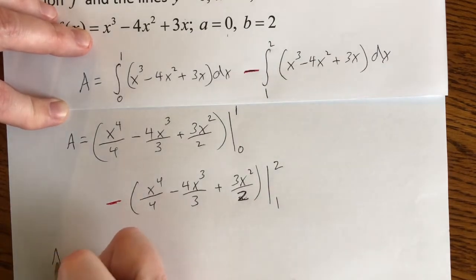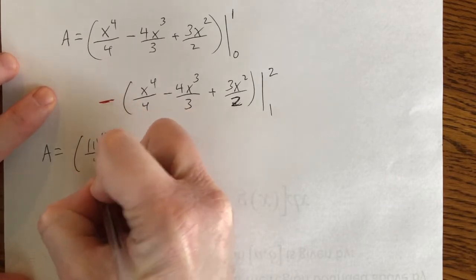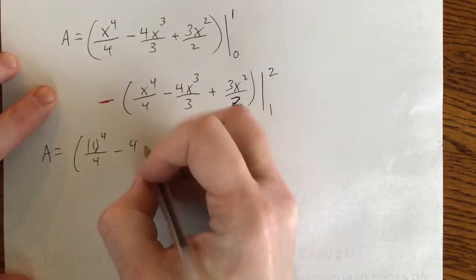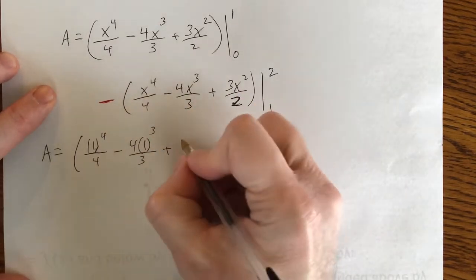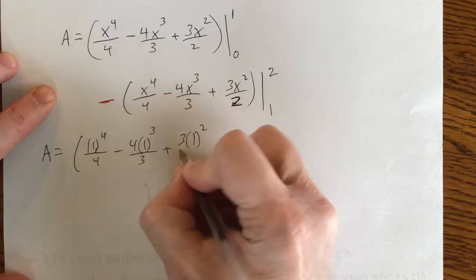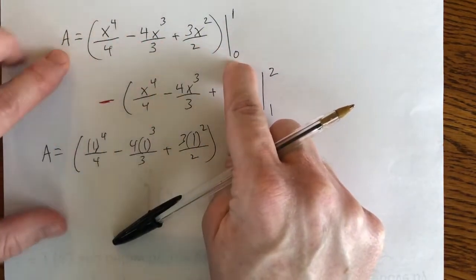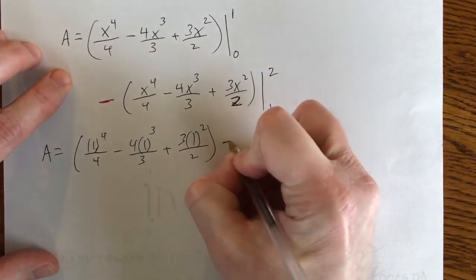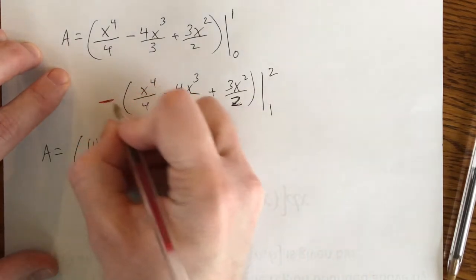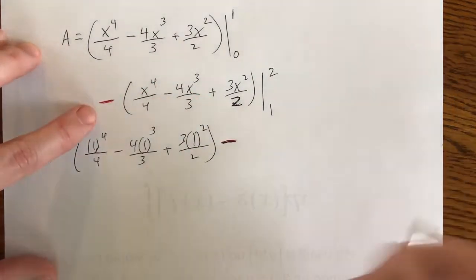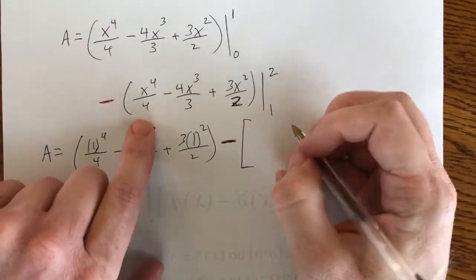Here is what it gives us: 1 to the 4th over 4 minus 4 times 1 cubed over 3 plus 3 times 1 squared over 2. That's this part. The 0 will give us a 0, so we don't have to worry about it. And then minus, there's that minus again, bringing it down. That's the same subtraction right there.